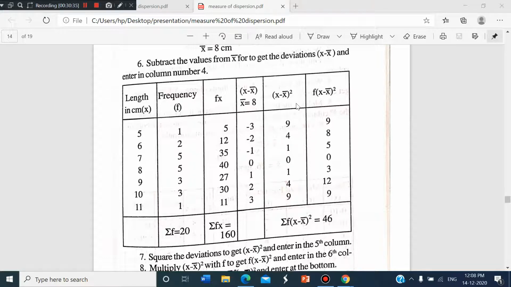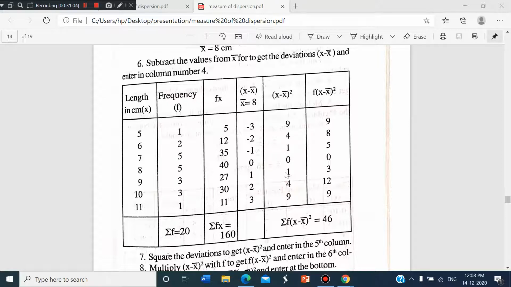Now once you get x minus x bar whole square, multiply with f, that's the frequency. 9 into 1, 9, 4 into 2, 8, 1 into 5, 5. Here the 0 is there. So x minus x bar is 0.